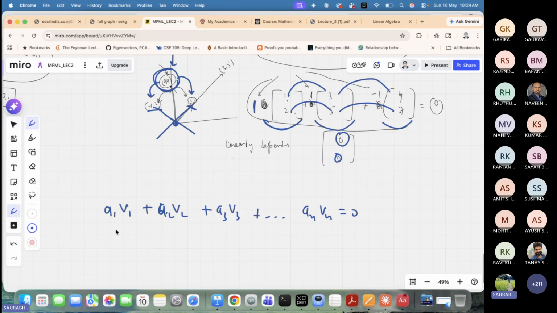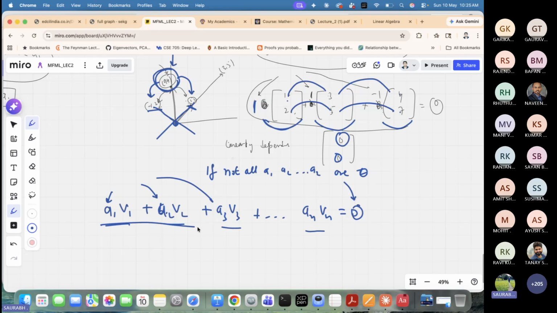If we can scale them, add them together and reach the zero vector, then they are called linearly dependent. If you can find any combination where not all of a1, a2, a3 are zero and you still reach the zero vector, it means you have linearly dependent vectors.